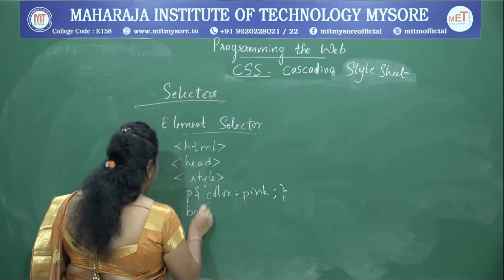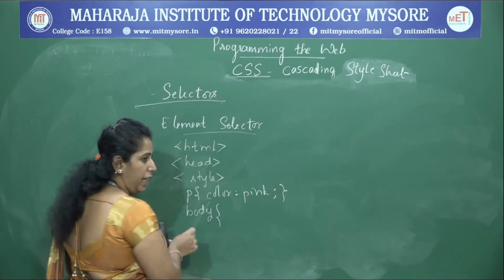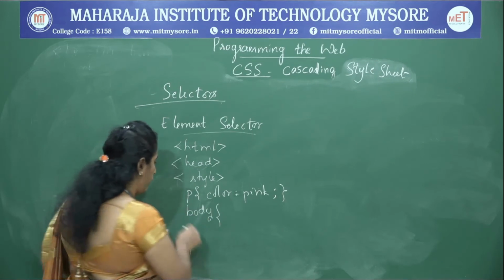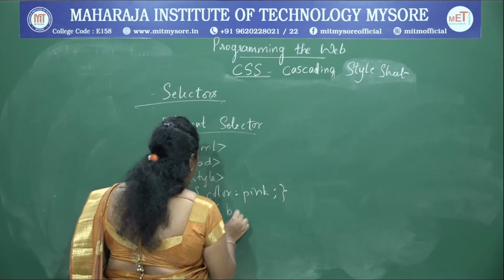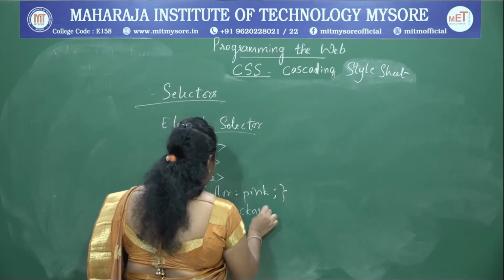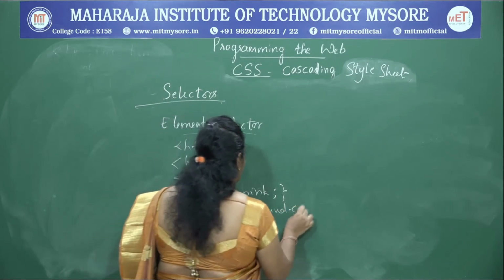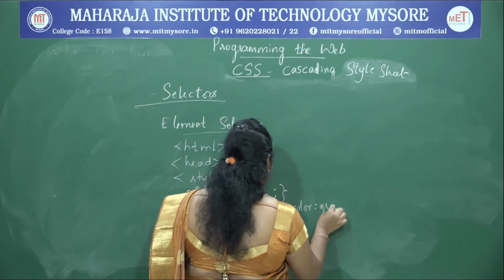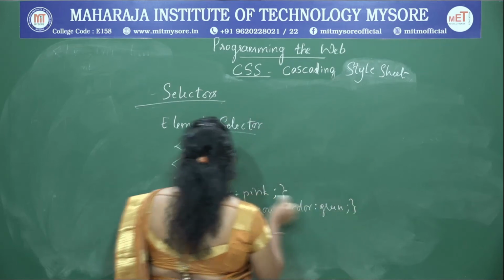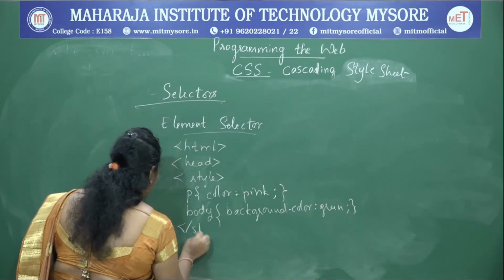Then see, not only for a particular tag, you can also use body. For body also you can set the style rule. So, body, background color, what am I setting? Assume I am setting green. So, now close the style.